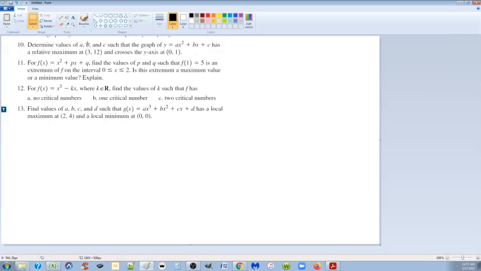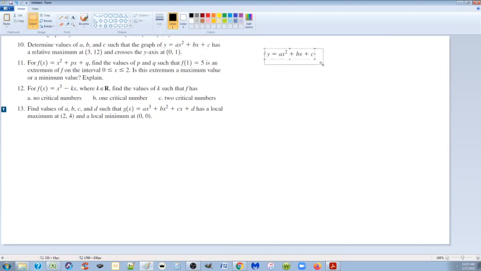So here they've given me a parabola, and they want me to determine A, B, and C. Well, you got a lot of information there. And they're telling me it has a max there, so I know it's a negative parabola if that's the max.